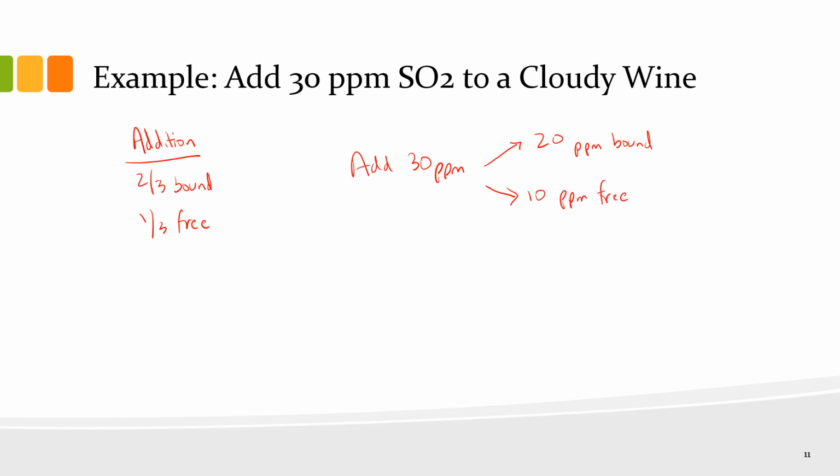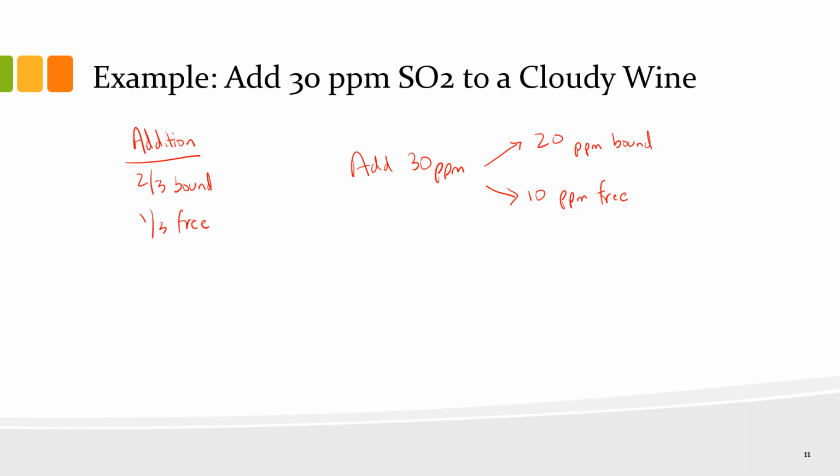And why is that true for a cloudy wine? Well, there's a lot more in the wine that's capable of binding the SO2 because the wine's cloudy. In a clear wine, there's a lot less to bind the SO2, and so more will remain free. But in a cloudy wine, that's about what we'd expect. And so those are our guesses.